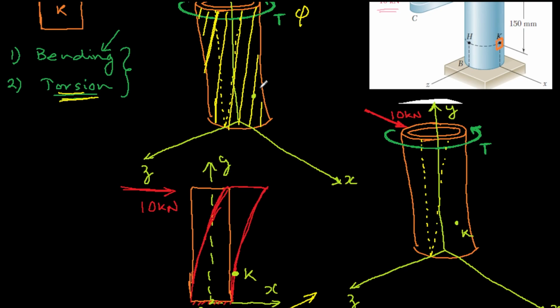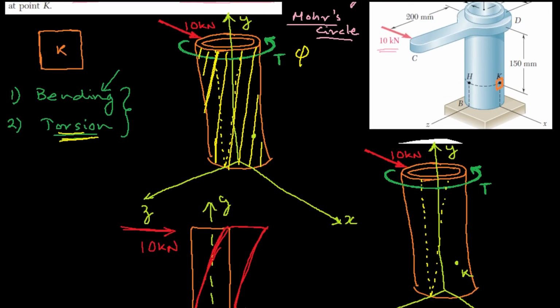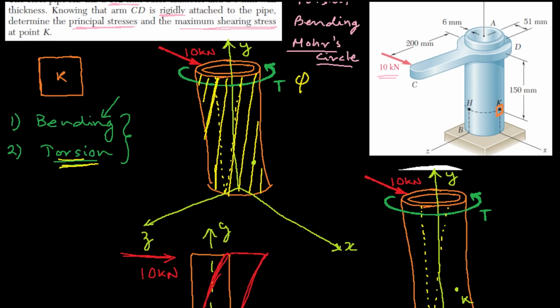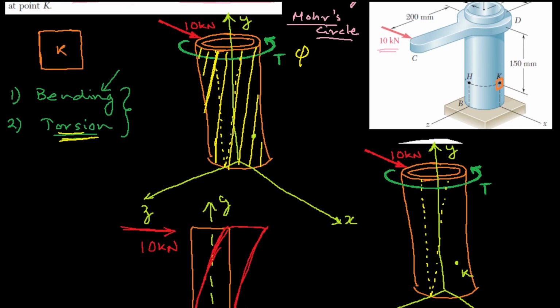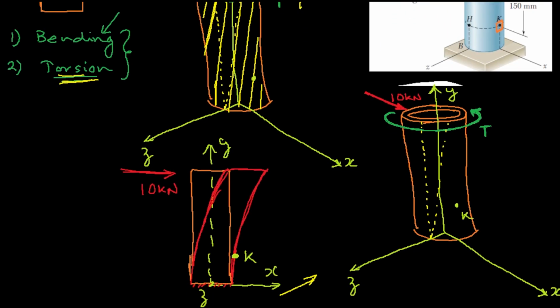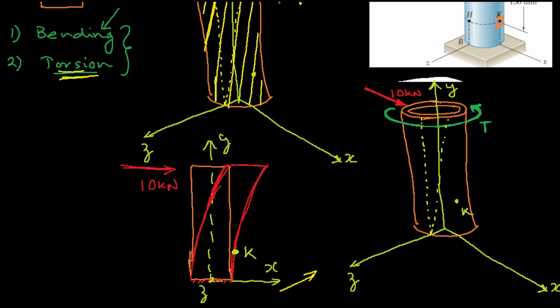Now you could imagine both the cases in a split way, the bending and the torsion, but the actual situation is a superimposition of both. So this point is under the action of both the loadings, the bending and the twisting, and the stresses will come from both deformations.